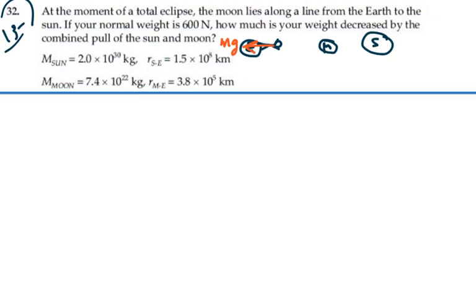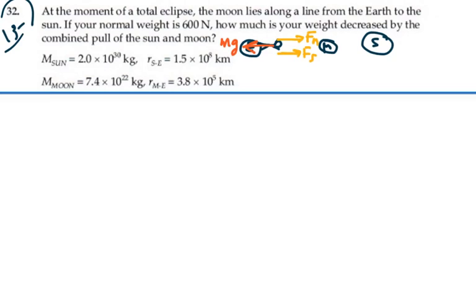And now the Moon and the Sun are also pulling on you with gravitational forces. So there's the force of the Moon and the gravitational force of the Sun pulling in the opposite direction. So that's going to make you feel like you weigh a little bit less.